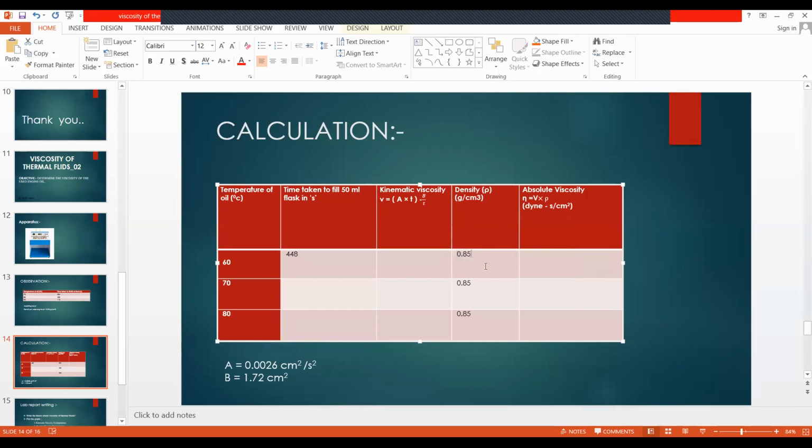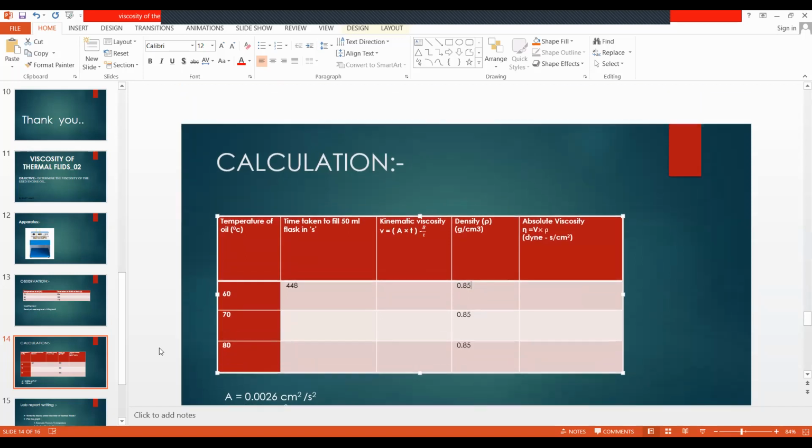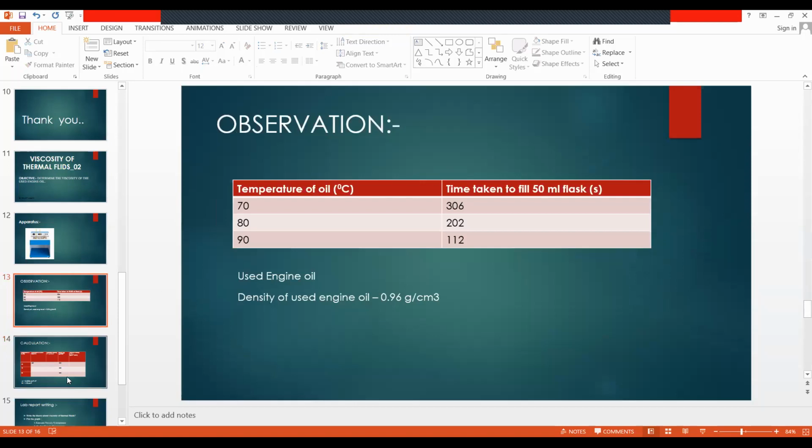Assuming it is the same, you can easily calculate and get the absolute and kinematic viscosity. Then you can plot two graphs. Before looking at the discussion part, we will go to the video.